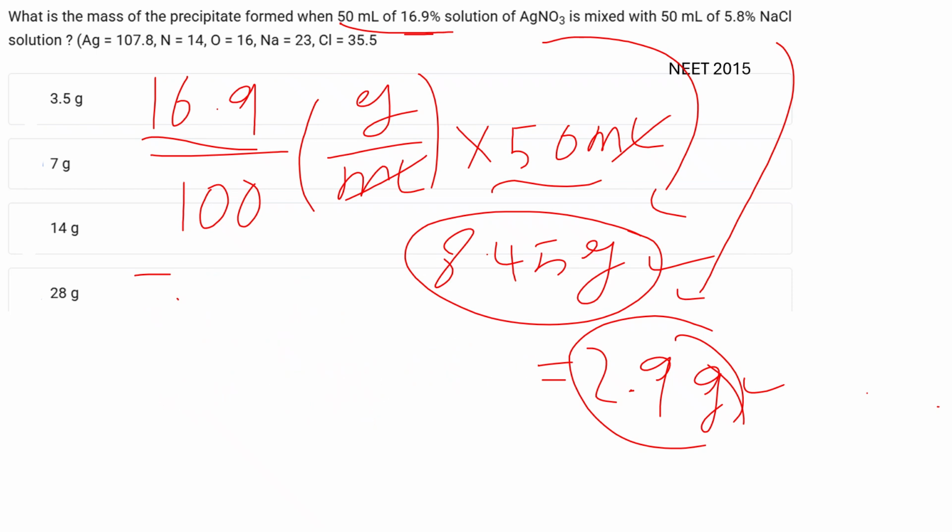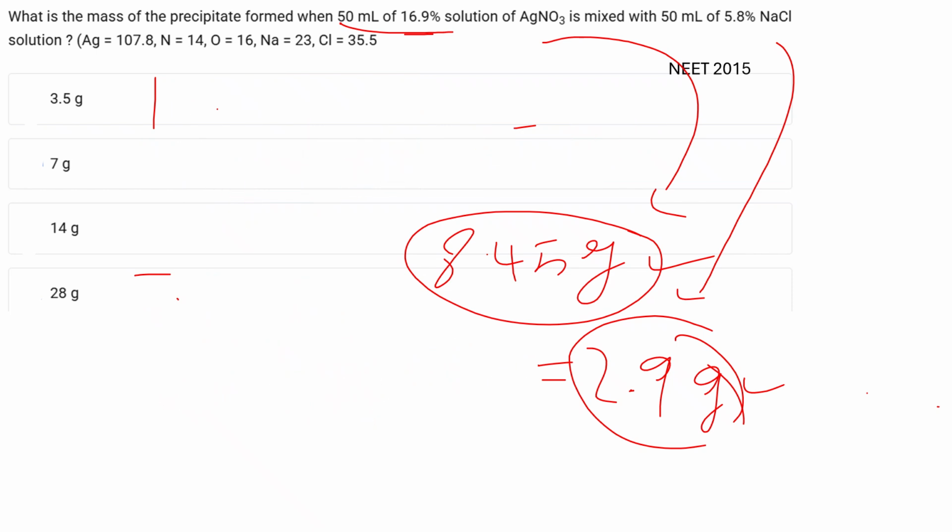In the case of silver nitrate, the given weight is 8.45. Then what is the molecular weight of silver nitrate? Just add silver, 1 nitrogen, 3 oxygen, and we will get the molecular weight of silver nitrate.